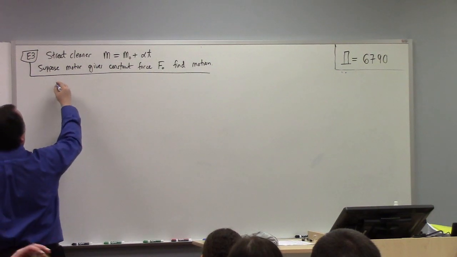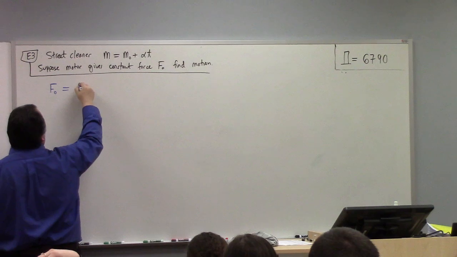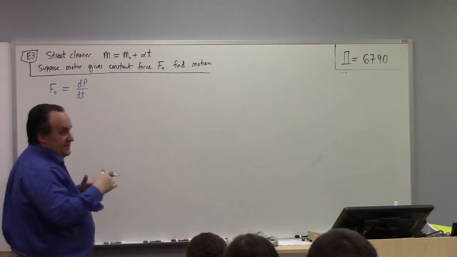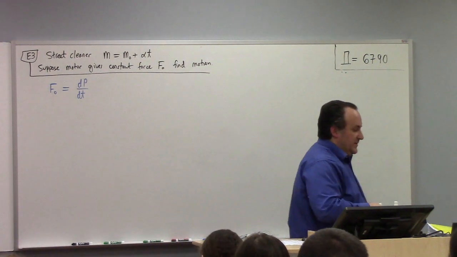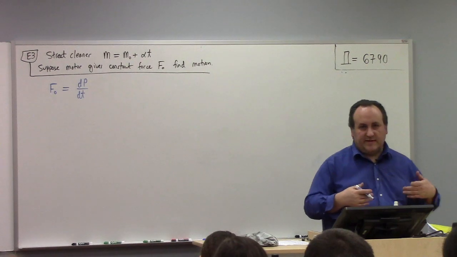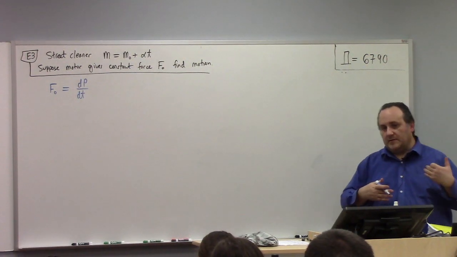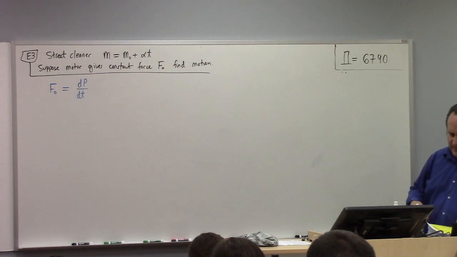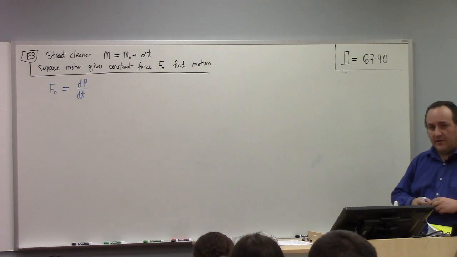The net force, which in this case is F naught, is equal to dp dt. Now we're focusing on the horizontal motion, neglecting friction or anything like that. We're just going to focus on the force of the motor and the resulting motion that comes from the mass being variable.